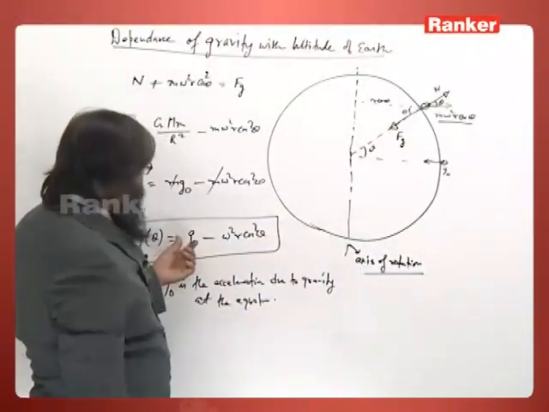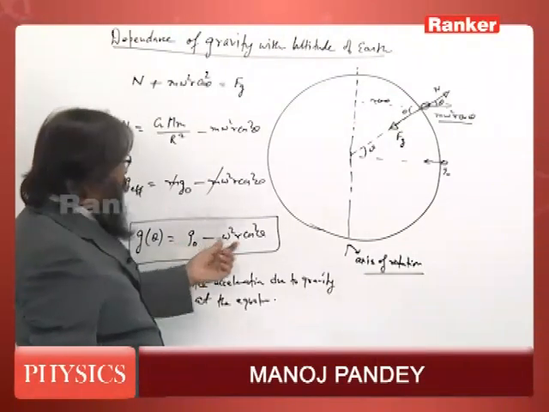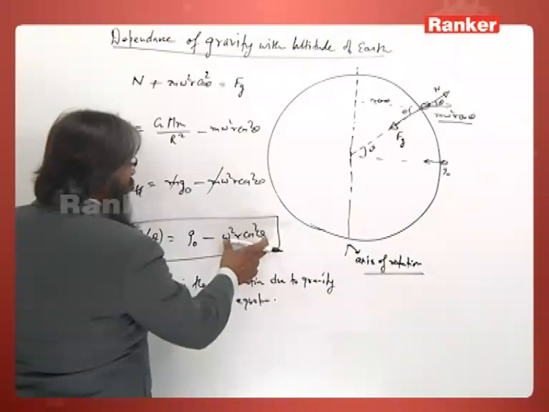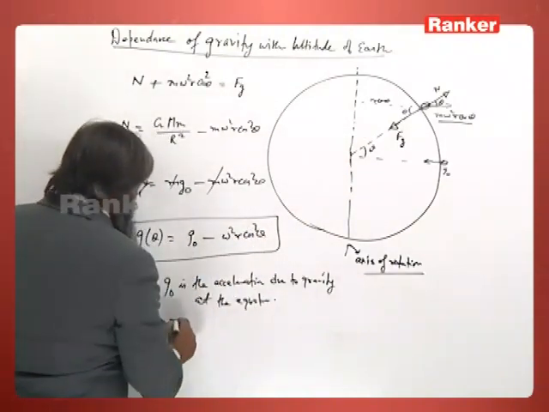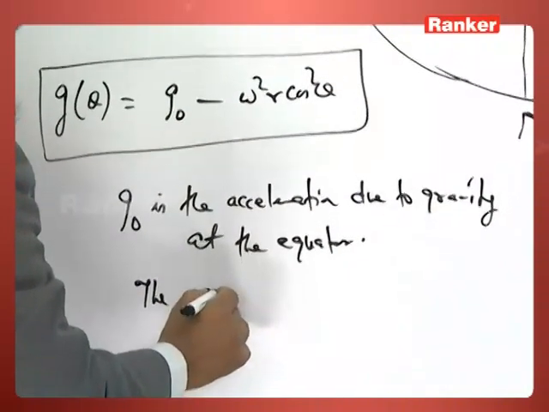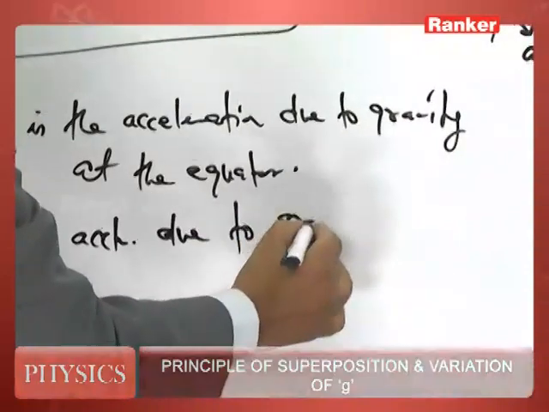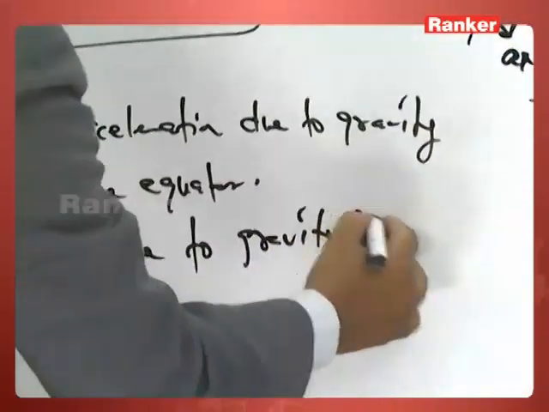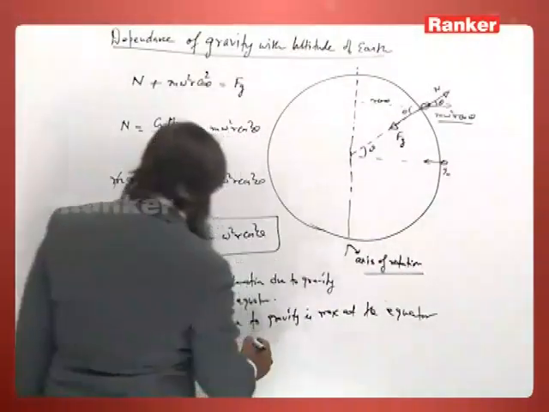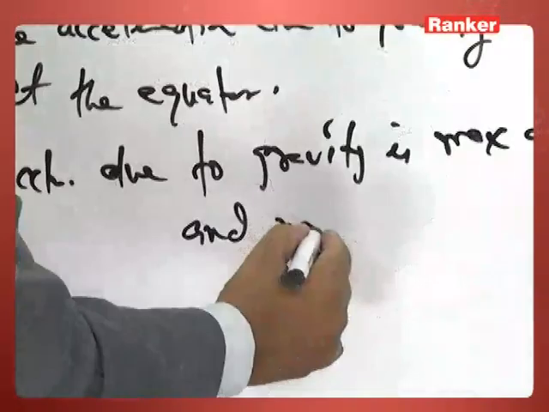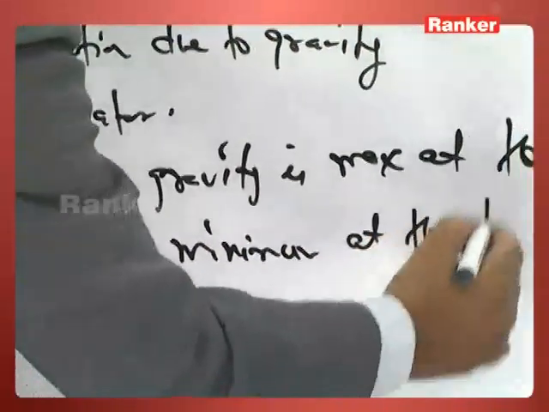So the acceleration due to gravity is highest at the equator, and at the poles, where theta is 90 degrees, this term will be more, so it is the least. The acceleration due to gravity is maximum at the equator and minimum at the poles.